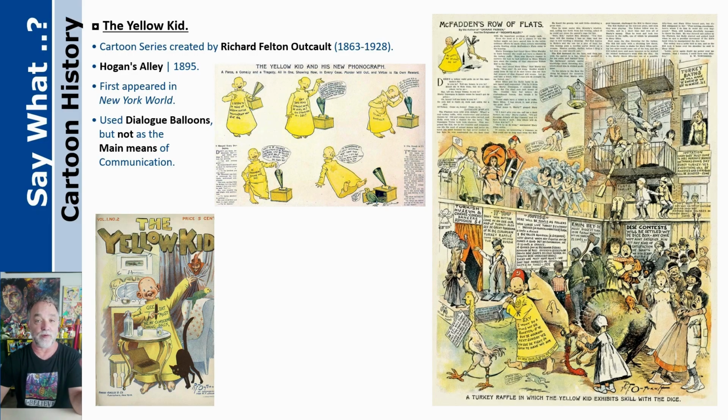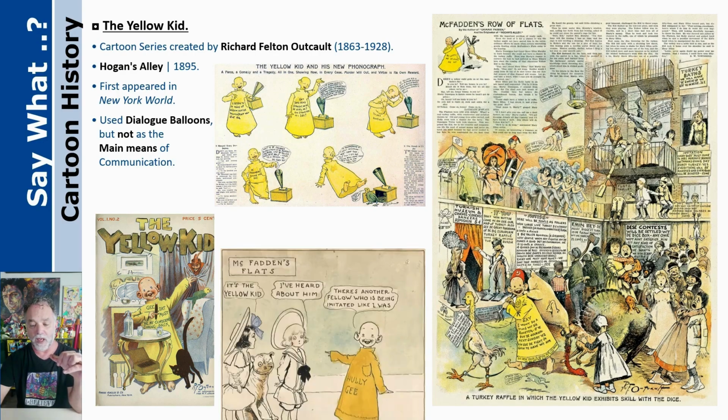But it did influence the use of dialogue balloons in subsequent newspaper cartoon strips. You can see on the main image, the large image there, there are about 3 dialogue balloons in there. The rest of it they just slapped in copy wherever they could find room.